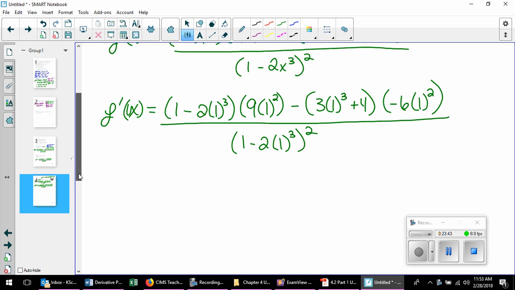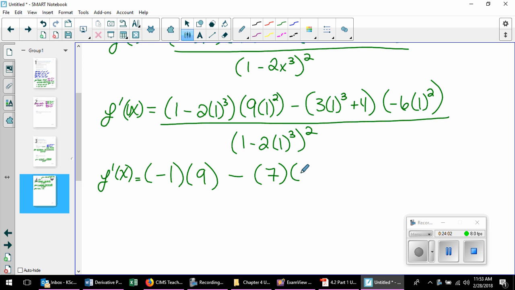All right, here we go. So 1 minus 2 is going to give me -1 times by a positive 9. Subtract 7 times -6, all over -1 squared, which is positive.